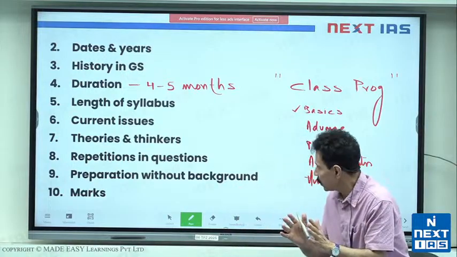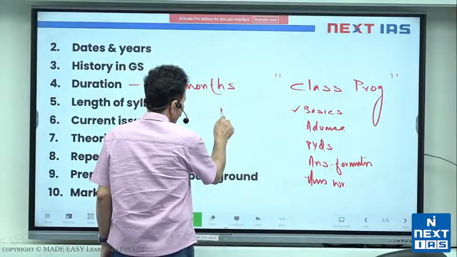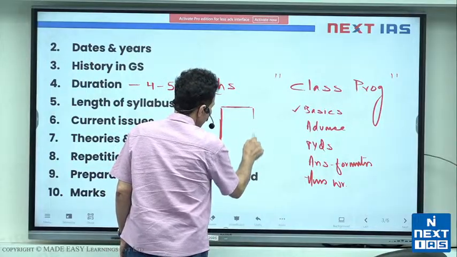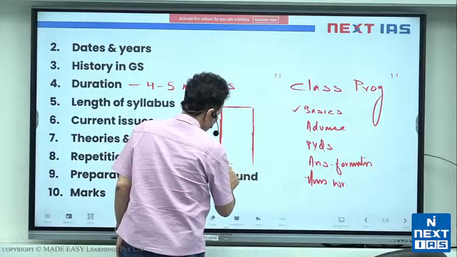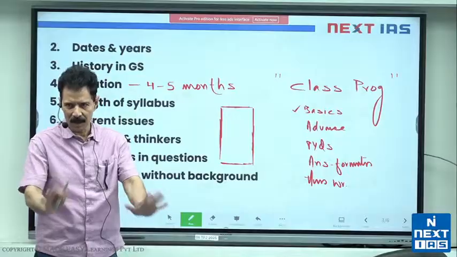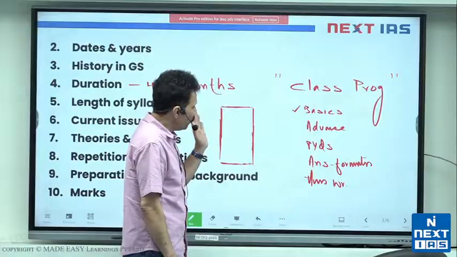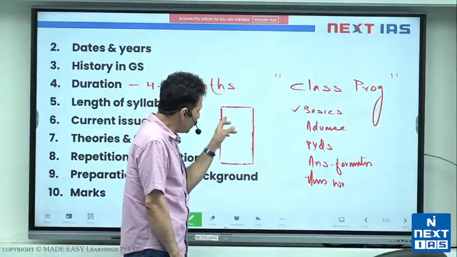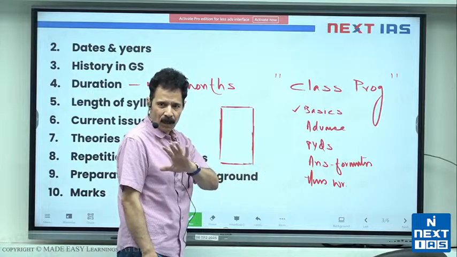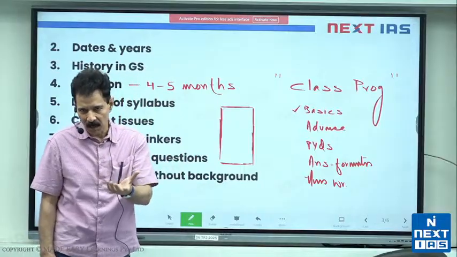For example, suppose this is the total syllabus of ancient Indian history, right? Suppose this is the total, assume. Now, if you prepare following the syllabus word by word, this is suicidal. This is a completely wrong approach. No one does it, one who qualifies and gets very high marks.